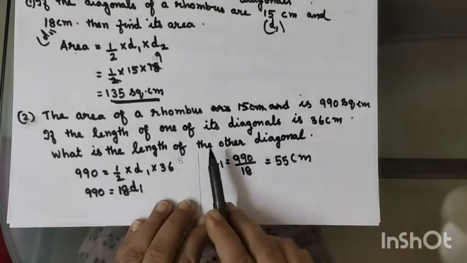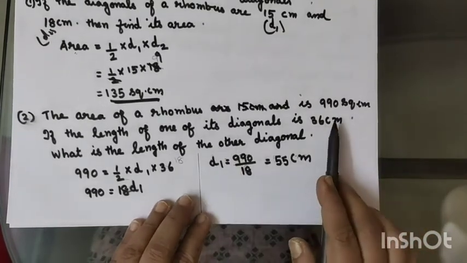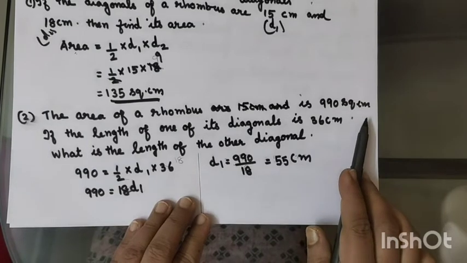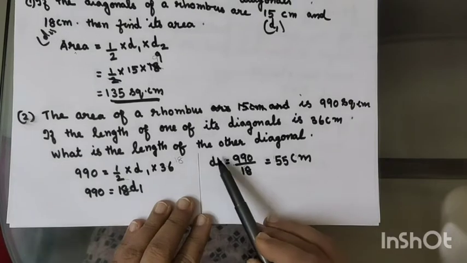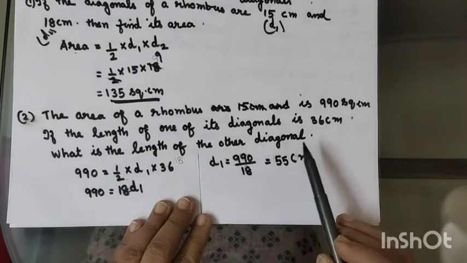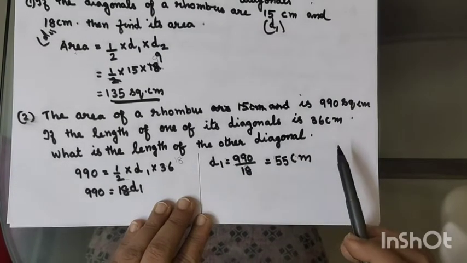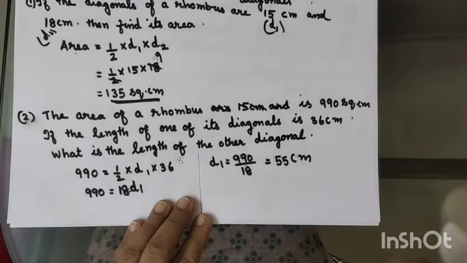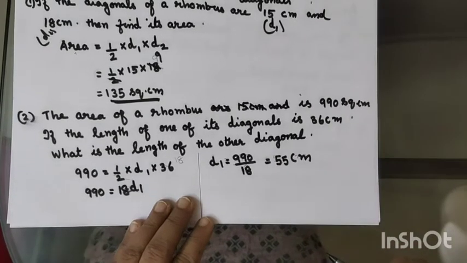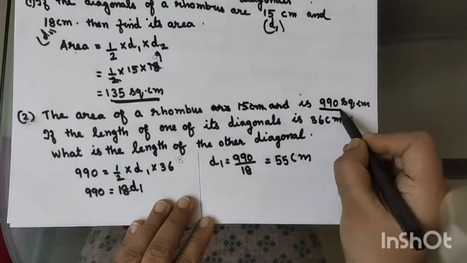The area of a rhombus is 990 square centimeter. If the length of one of its diagonals is 36 centimeter, what is the length of the other diagonal? So here area is given, children.